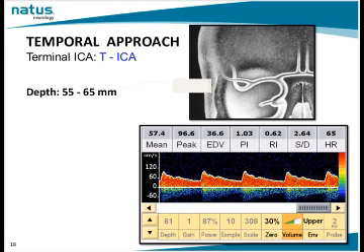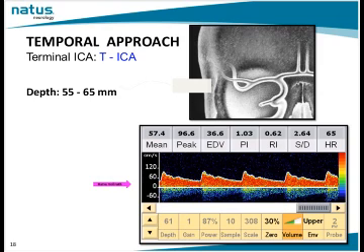Okay, now it's time to go back and look at our protocol and note what was the depth that we found our MCA-ACA bifurcation at. Because the next artery we're going to identify is the terminal ICA, or the TICA. And we see it here on our screen.